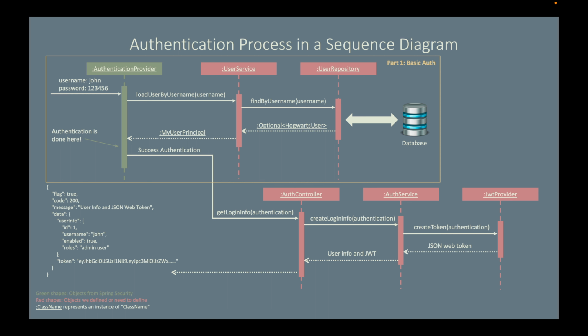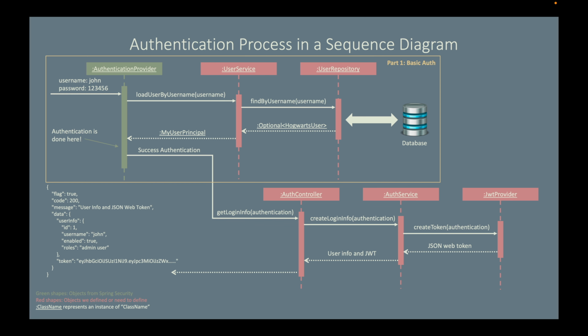This provider will use UserService and UserRepository to retrieve the correct user credentials from the database, and then compare with the submitted credentials. Of course, the provider will first encrypt the submitted password and then compare. So the provider is not comparing the plain text passwords, but the encrypted ones. If they match, a principal will be created. In Spring Security, a principal represents a logged-in user.